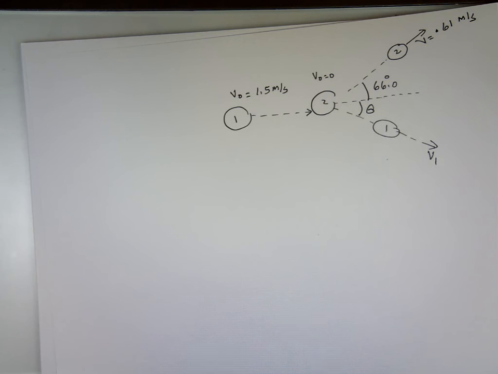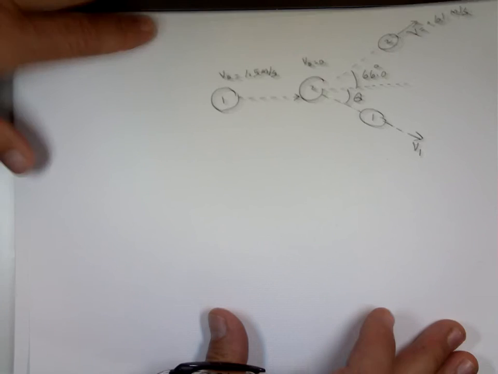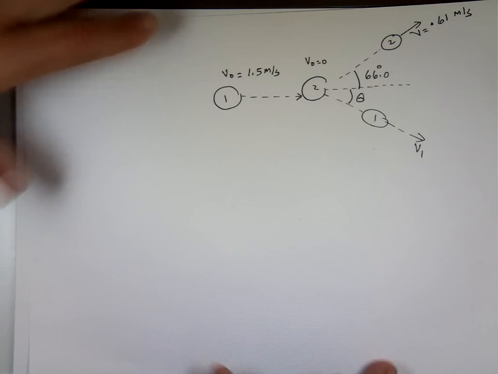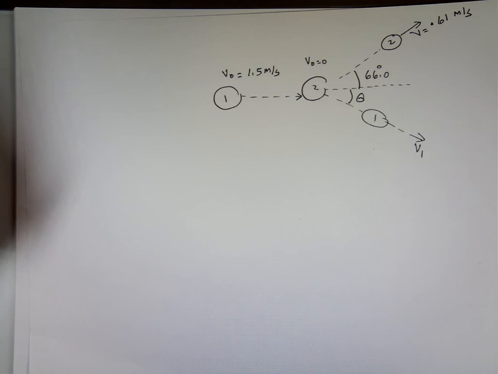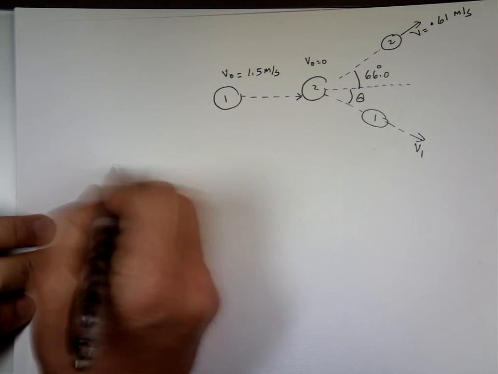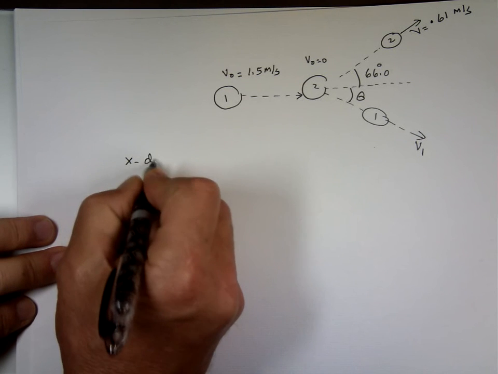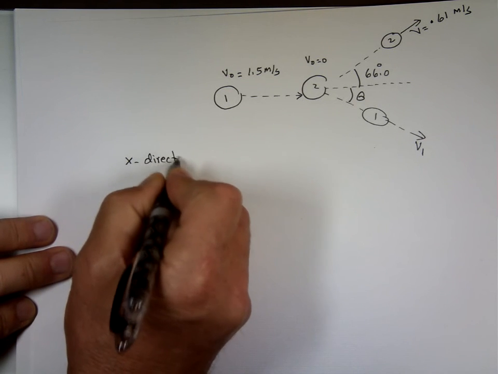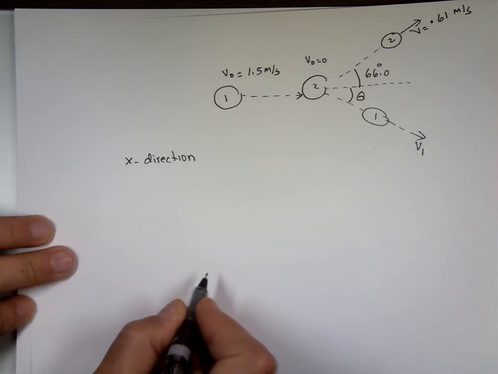So now we have to look at the x direction and the y direction, just like we did before. Conservation of linear momentum and conservation of kinetic energy in both dimensions. So x direction, let's do first conservation of linear momentum.